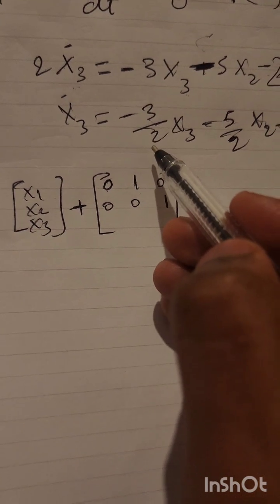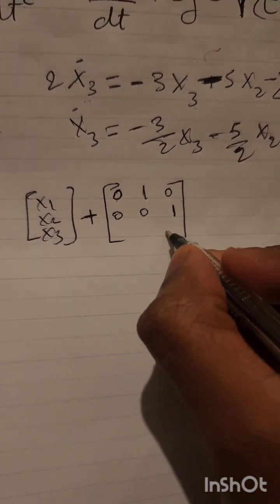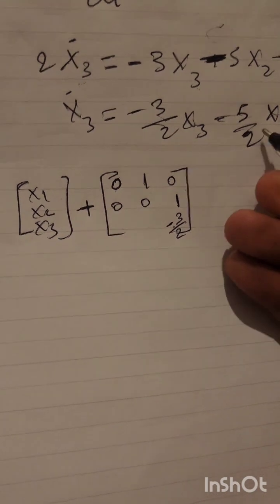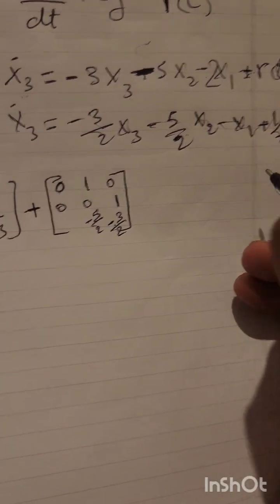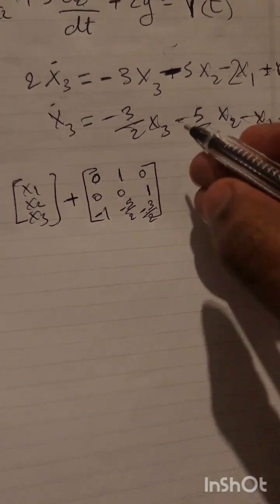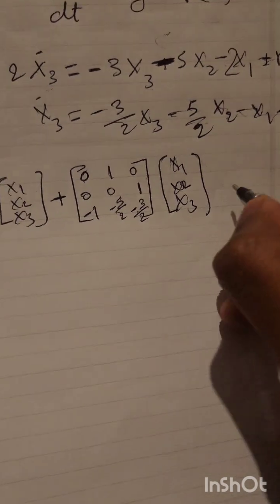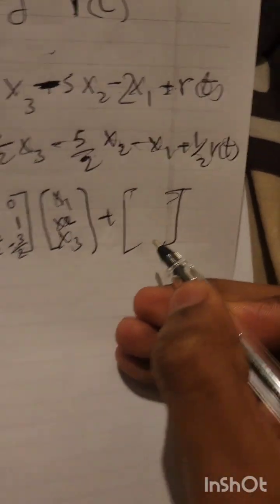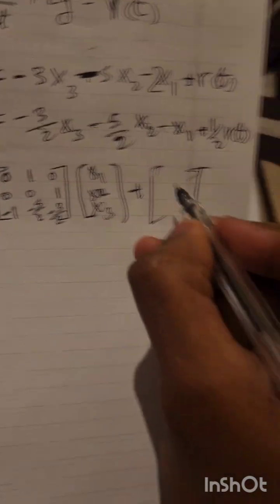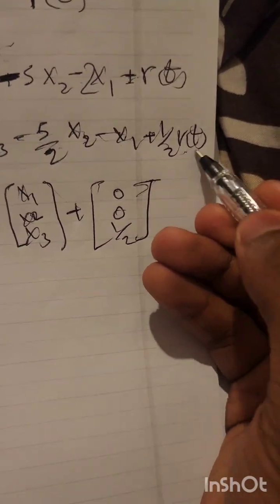And we have also the first derivative of x3 is equal to minus 3 over 2 x3. So we have here minus 3 over 2 x3, and we have also x2 minus 5 over 2, and we have minus 1, and multiplied by this matrix x1, x2, x3 plus this matrix which is going to be 0 here and 0 and half, and the half because of r of t.